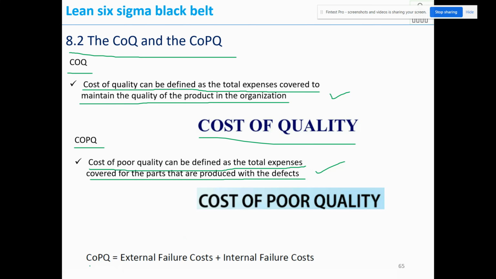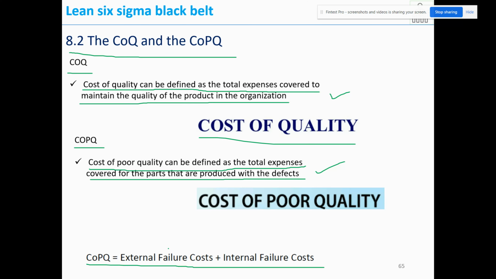Now, COPQ can be external failure cost plus internal failure cost. What is external failure cost? External failure costs are the cost that because of quality issues, customer rejects the lot. Customer rejects a particular lot of products. What happens, those products will be returned to our company. We are going to segregate it. We are going to rework it.